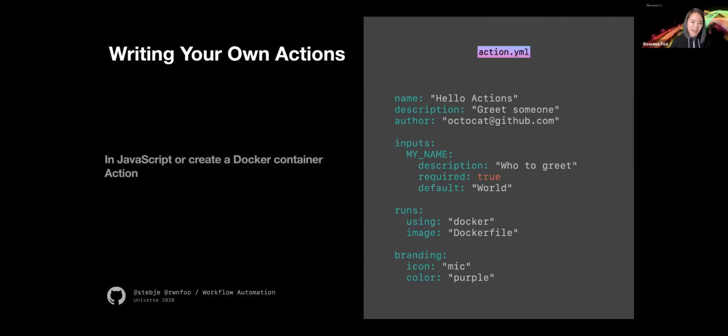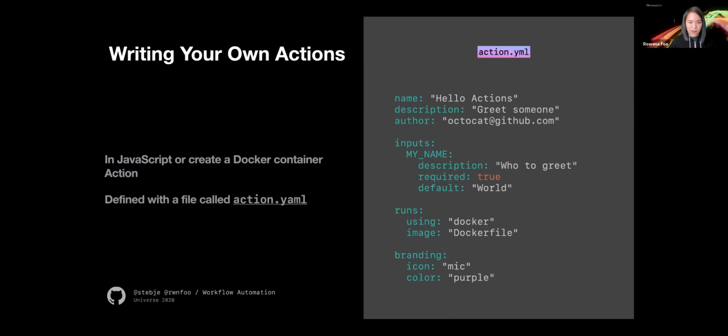So if you're writing an action that requires a specific environment configuration, then a Docker container would be an ideal choice. That way, if someone else consumes your action, they don't have to worry about the dependencies, which is awesome. On the other hand, there are also JavaScript actions. JavaScript actions run directly on a runner machine. Using a JavaScript action simplifies the action code, so it executes slightly faster than a container action.